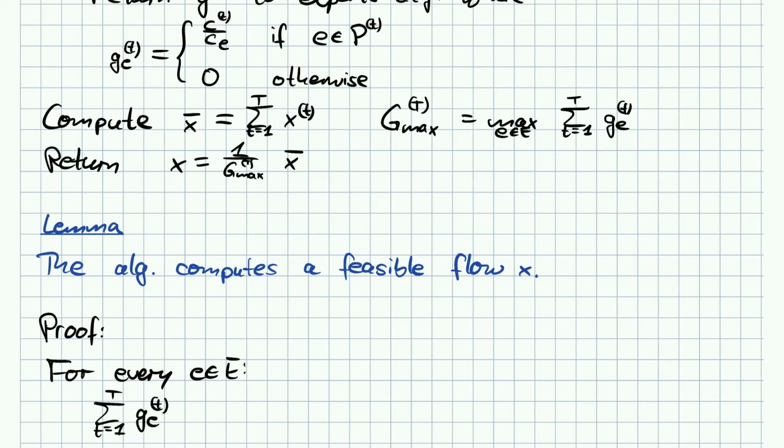So the sum of these gains is nothing but the sum over all time steps or iterations in which we were choosing this edge in our path, and then we'll have the capacity that we chose in this iteration divided by the capacity of this particular edge.